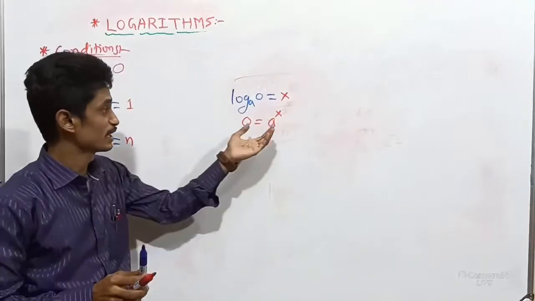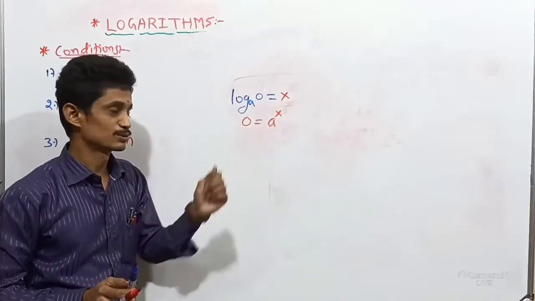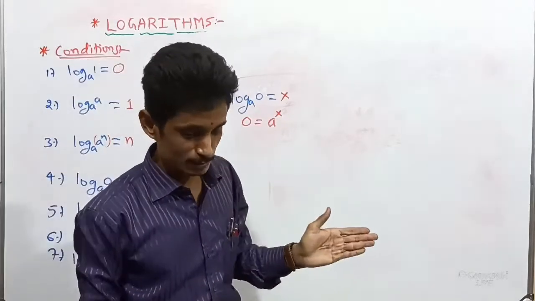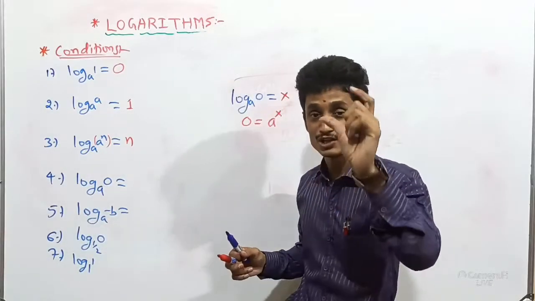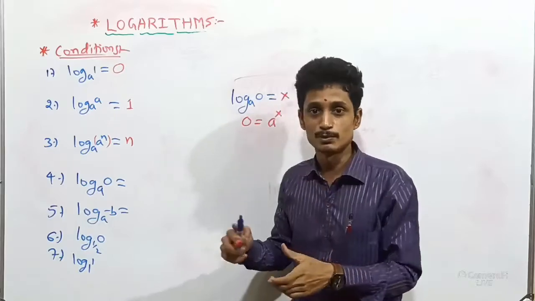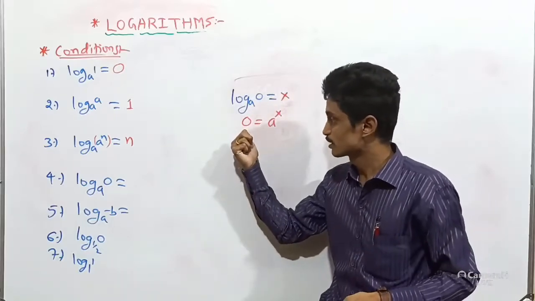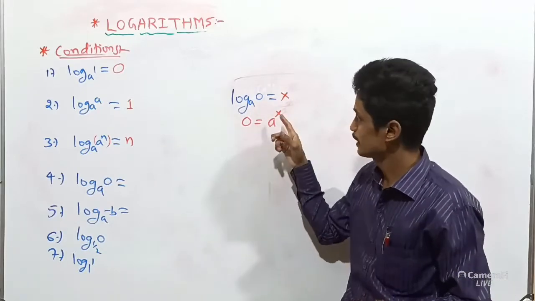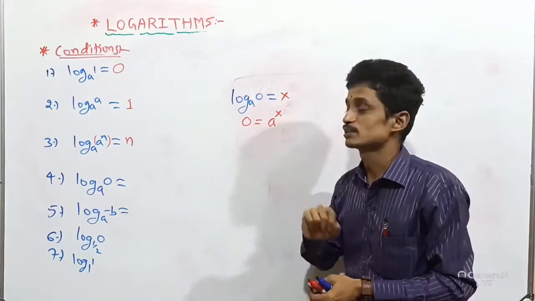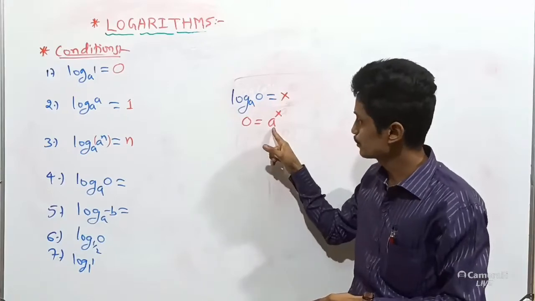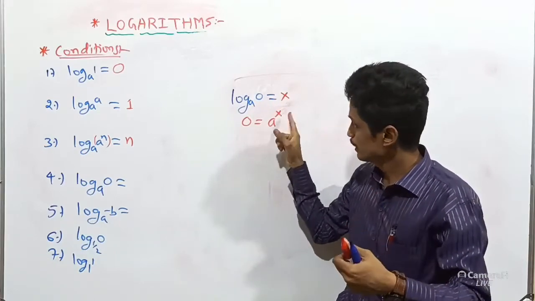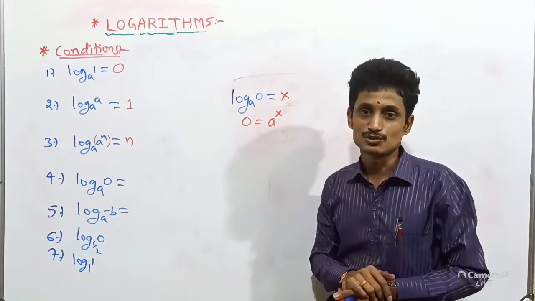Now this is a little bit complicated to answer, because the index form or exponential result will always be a positive quantity. Always the exponential representation will give us a positive quantity, but here we have a 0. Then tell me for what values of x your answer will be 0. Any particular example you can take, or generally think for what values of x your result will be 0.